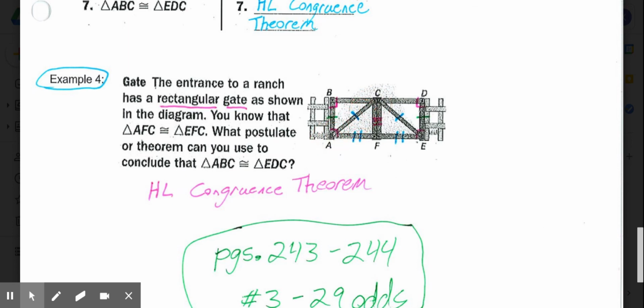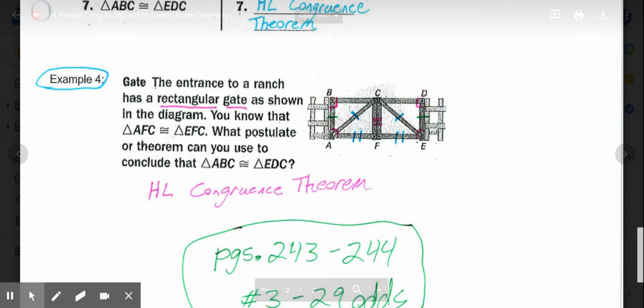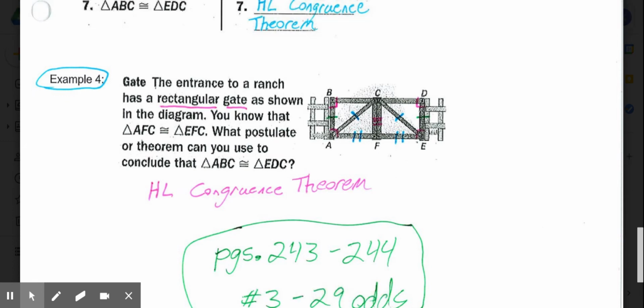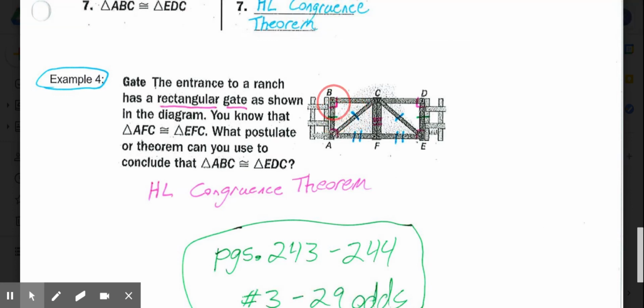Well, now if I go back to what I have, I knew BA was congruent to DE. I knew AC is congruent to EC, which are the hypotenuses of these right triangles in the upper corners. And I add my right angles. So I have a hypotenuse and a leg plus the right angle.